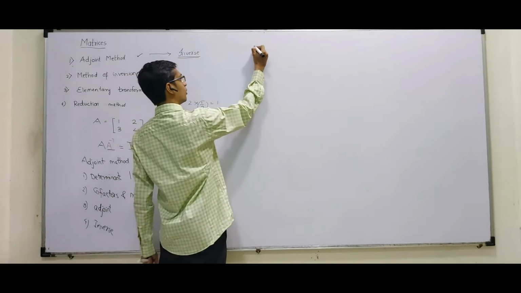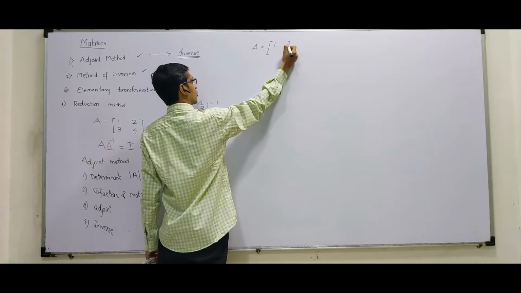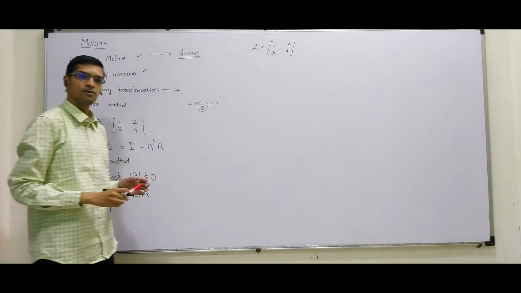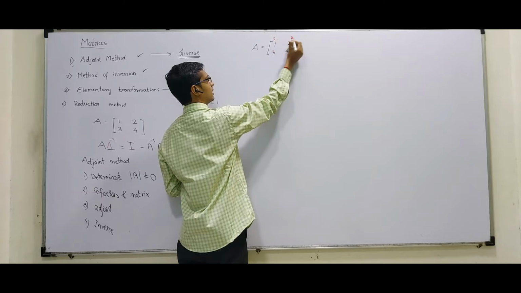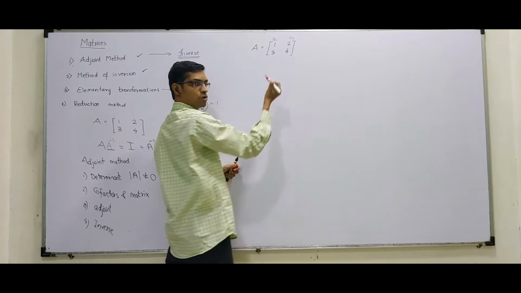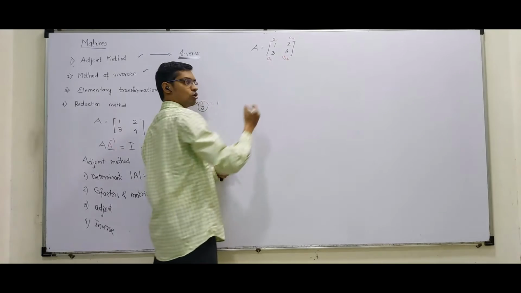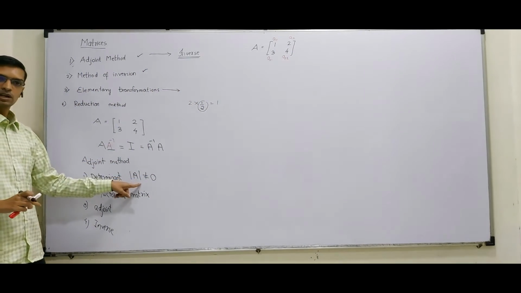Now you are very well known with the part of cofactors. Still we will revise. So 1, 2, 3, 4. How many elements are there? 4 elements. This one will be called A11. This will be called A12, A21, A22. So before I start, I need to check the determinant.